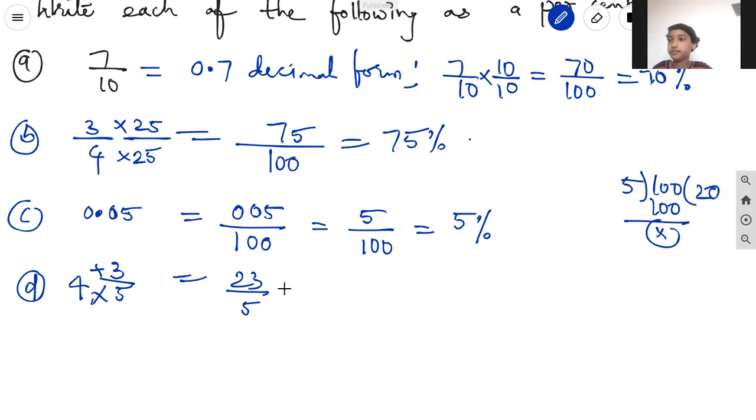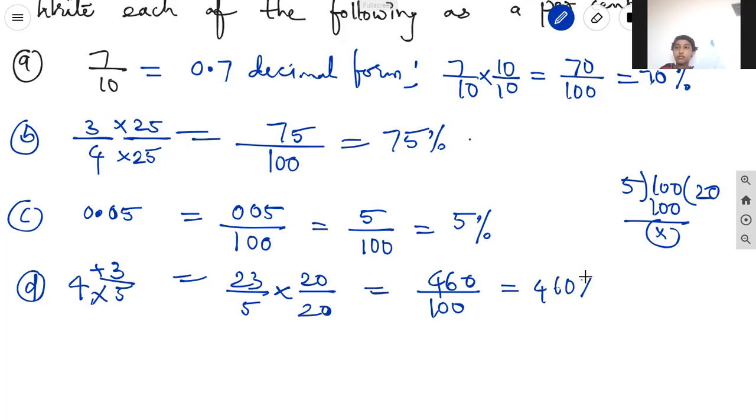That is nothing but numerator and denominator multiplied by 20. 5 20s are 100. 23 times 20: 2 3s are 6, 0, 2 2s are 4, 460. It is equal to 460%.